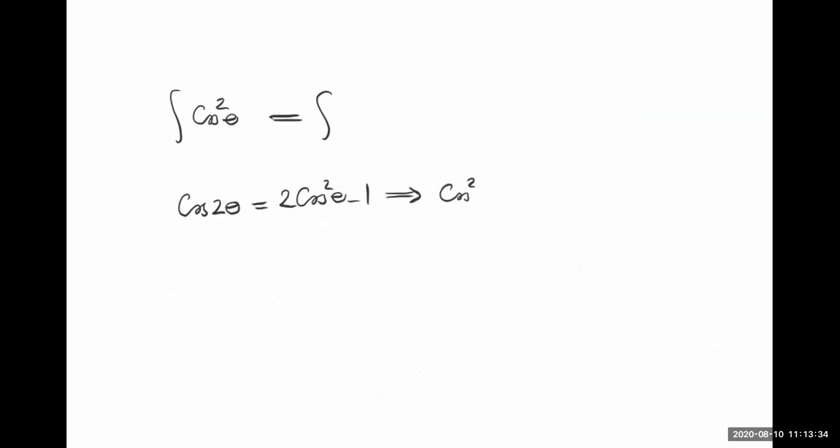So if you remember, for example, if you want to compute the integral of cosine squared of theta, you should remember that cosine of 2 theta is equal to 2 cosine squared of theta minus 1. Therefore, cosine squared of theta is equal to cosine of 2 theta plus 1 over 2.